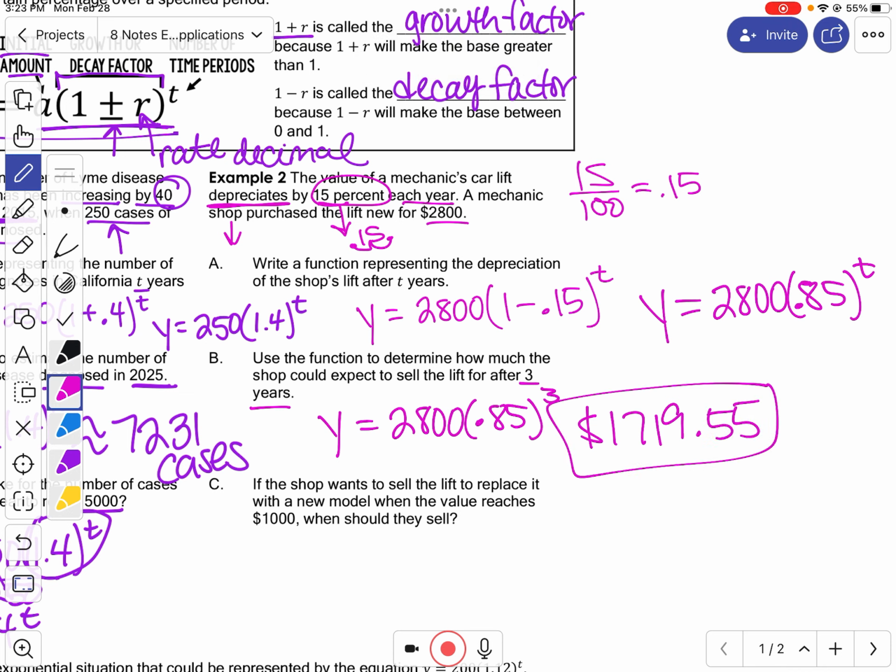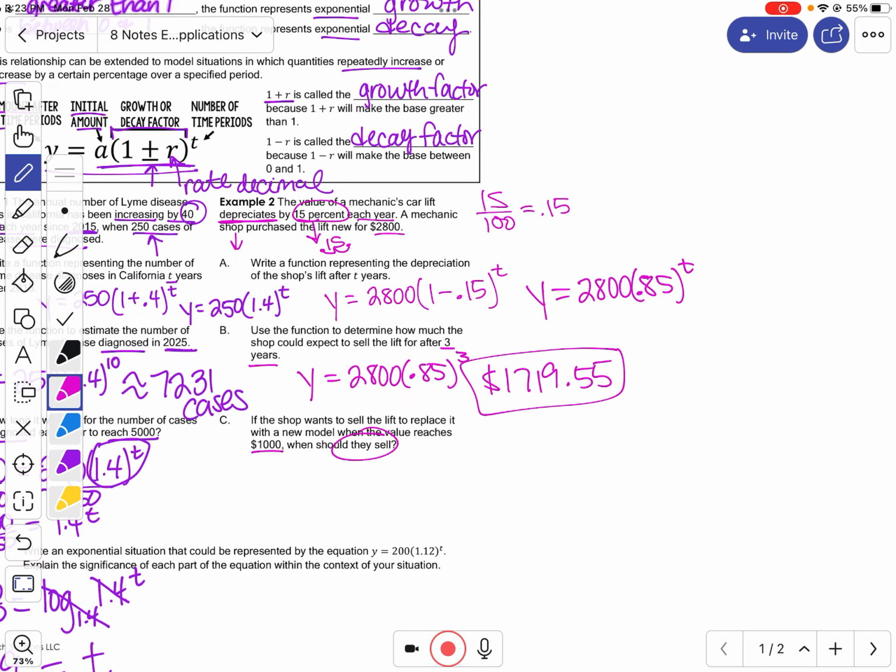Okay, last part on this one. If the shop wants to sell the lift to replace it with a new model when the value reaches $1,000, when should they sell? Okay, so this time we are given the y, which is the amount after so many years, and we're looking for the time.